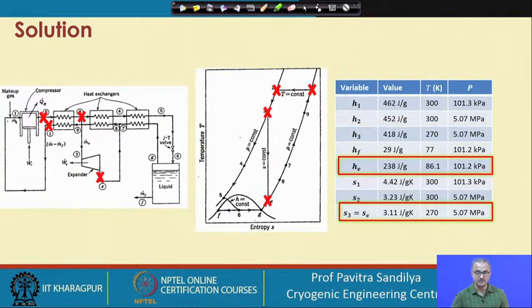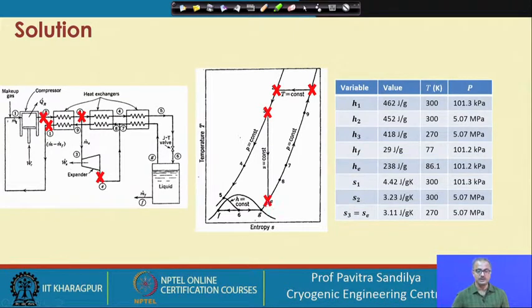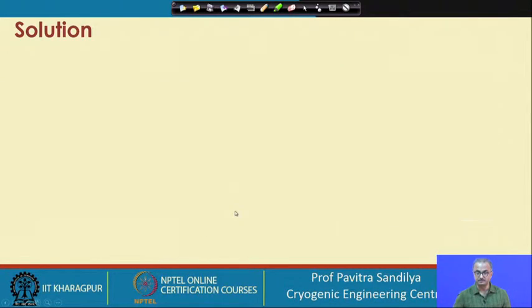Then we come to the HE value, which is over here, and that is how we get all the values at the various points required to calculate the work and the liquid yield. Lastly we have the HF value, at 77 K, corresponding to the saturated liquid.